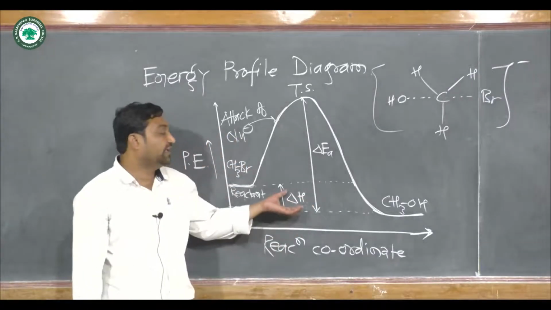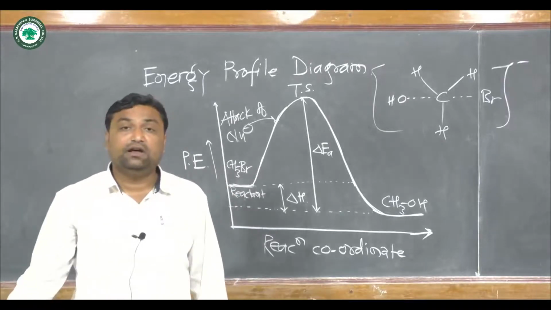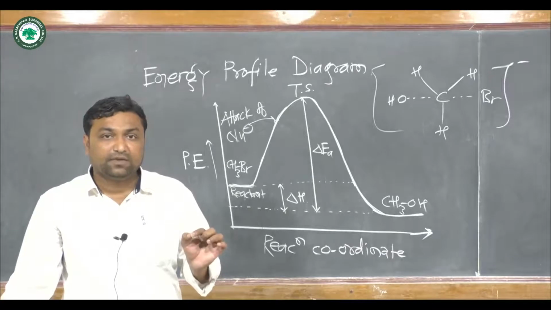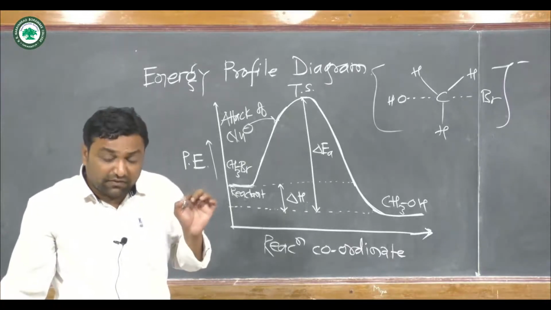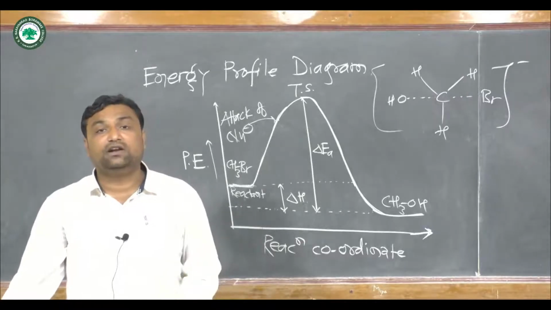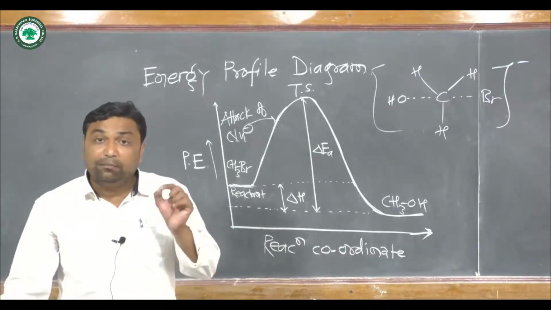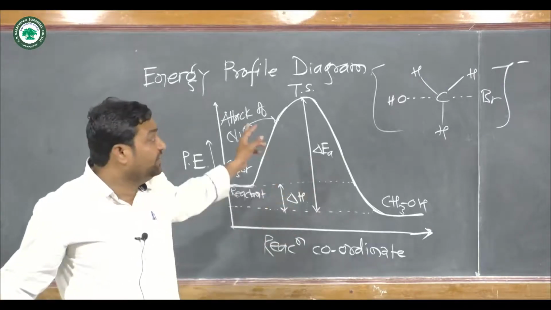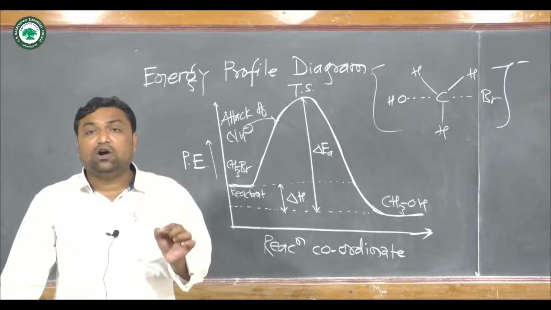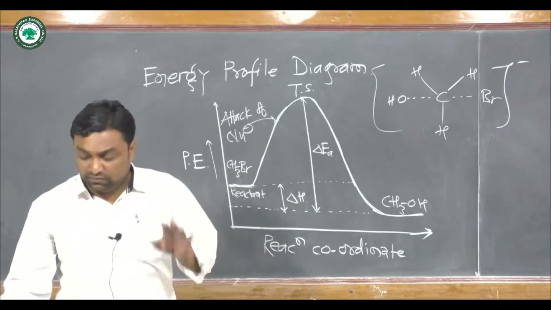In case of SN1 reaction, I have told you that the attack of nucleophile occurs on the reactant from the front side as well as from the back side. But in case of this SN2 reaction, only the back side attack of nucleophile takes place on any reactant.